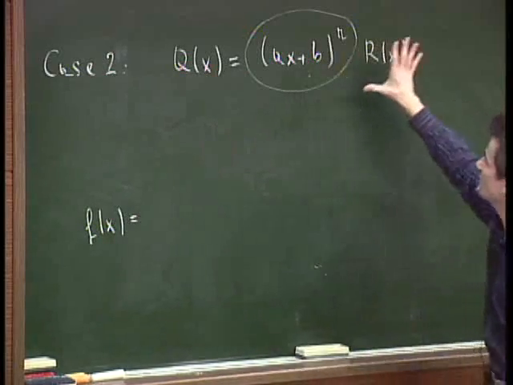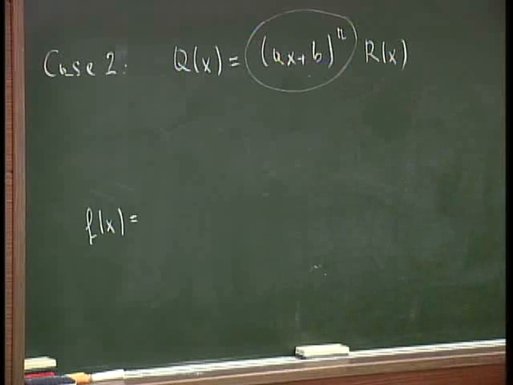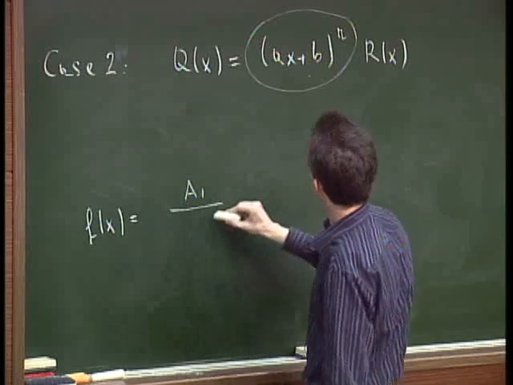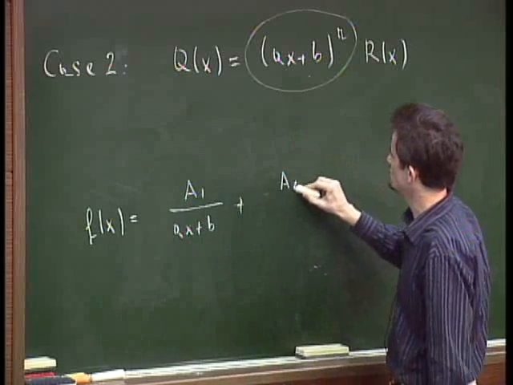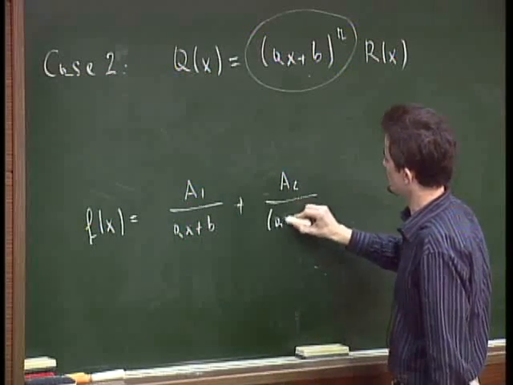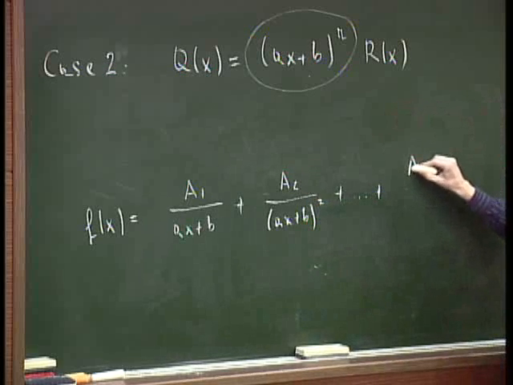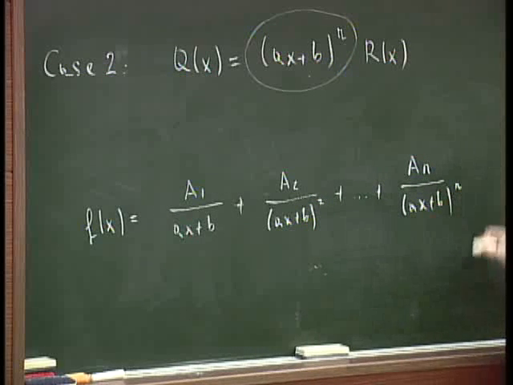Now you have to look at every linear factor, and you have to check how often the linear factor occurs. Now for this one, if it is r times, you have a1 over ax plus b, plus a2 over ax plus b squared, plus and so on, plus a r over ax plus b to the r, plus something which corresponds here with r of x.